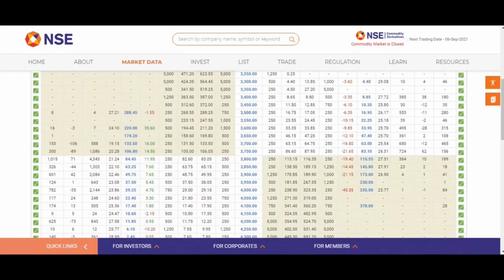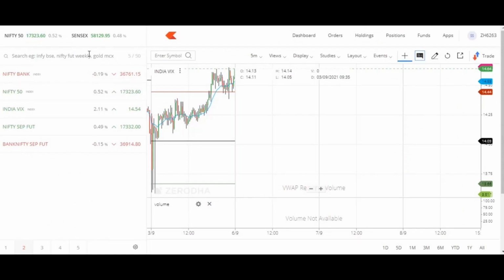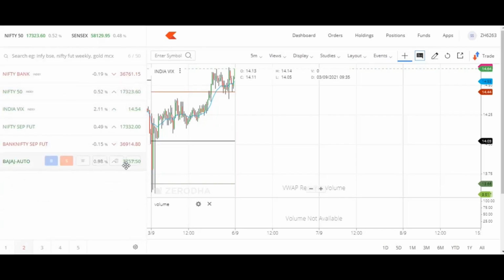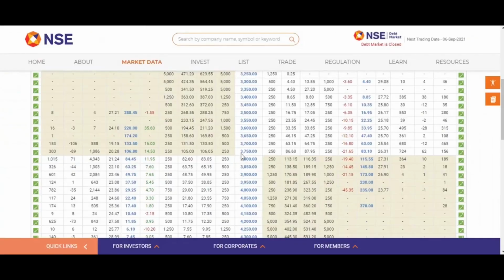So now you can see, let's see what the current price of Bajaj Auto is. So Bajaj Auto is currently trading at 3757. So that is why between 3750 and 3800 this is getting interacted. So these are in the money calls, these are in the money puts, out of the money puts, out of the money calls.